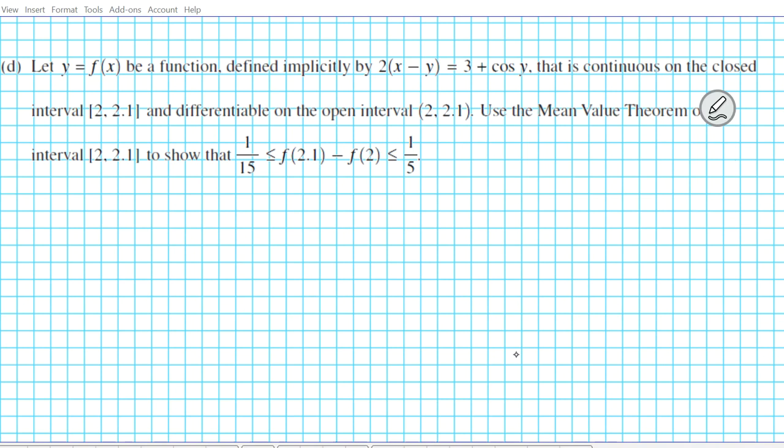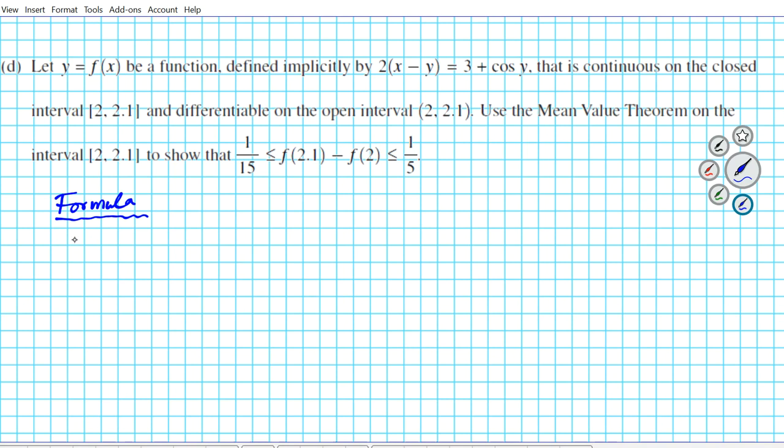All right, so let's get started by stating the mean value theorem. That's what we're going to be using here. Formula is as follows. So according to the mean value theorem, what do we know?